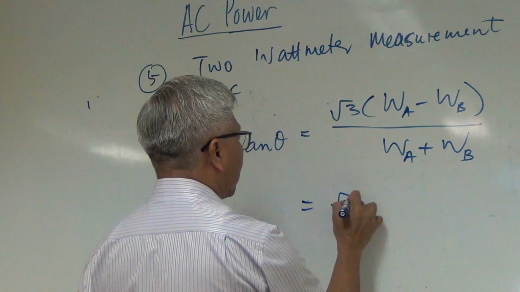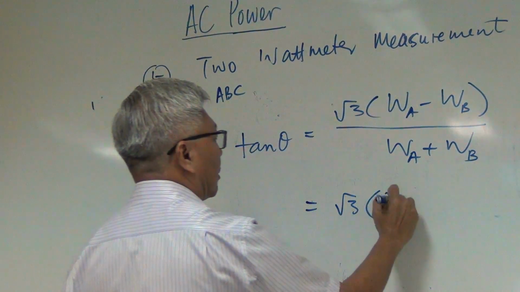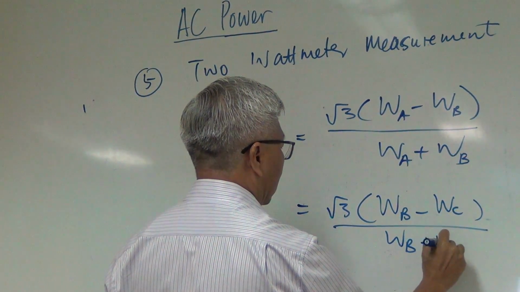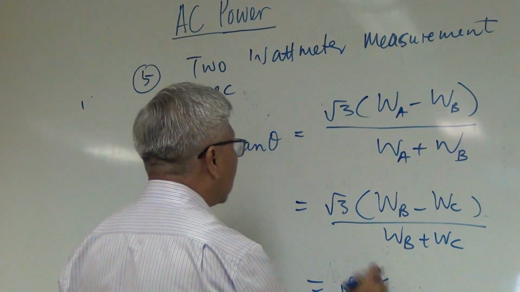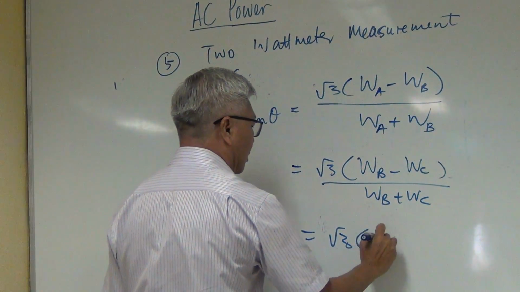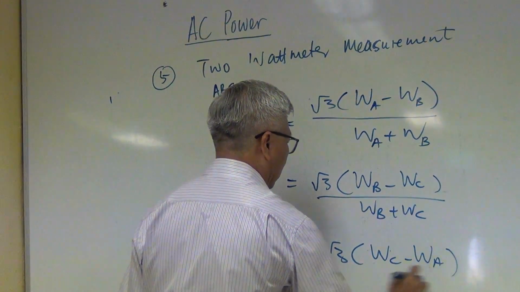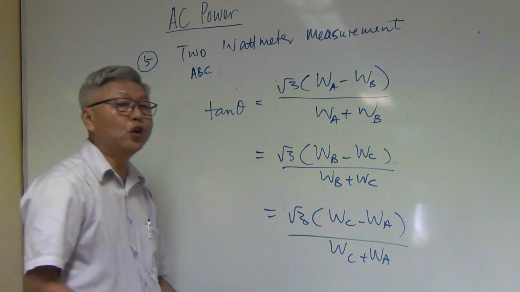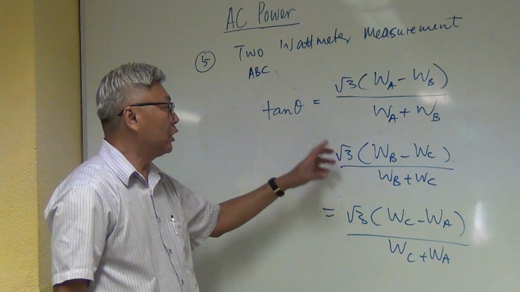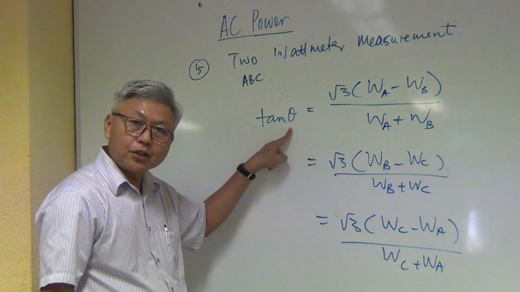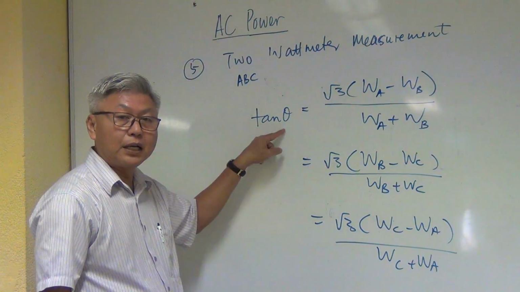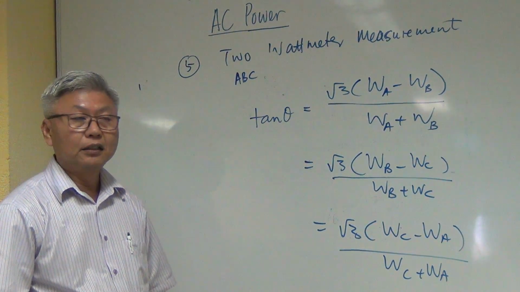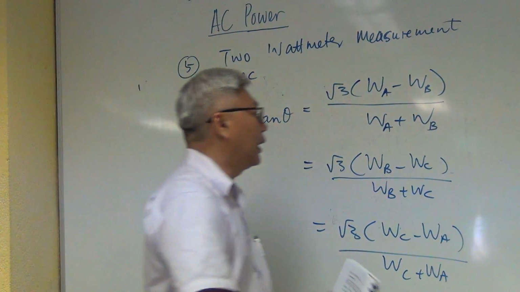Or it can be square root 3, B minus C. Or C minus A. So if you know of any 2 wattmeters reading, you can find the tangent theta. And from tangent theta, you can find tangent inverse to find out the theta, you cosine it, you can find the power factor. Right? So this is one set of formula.